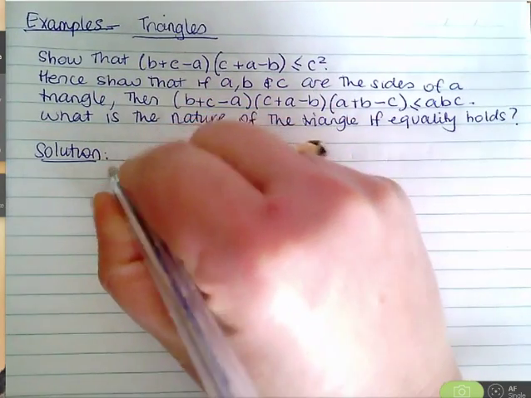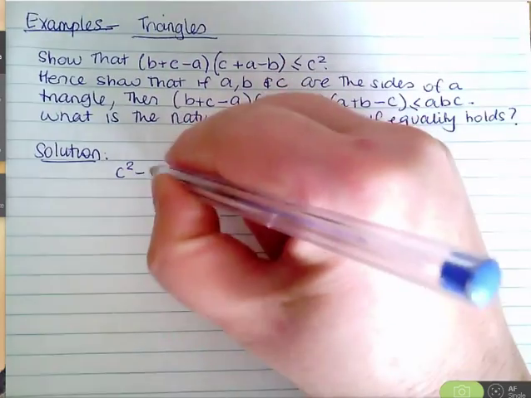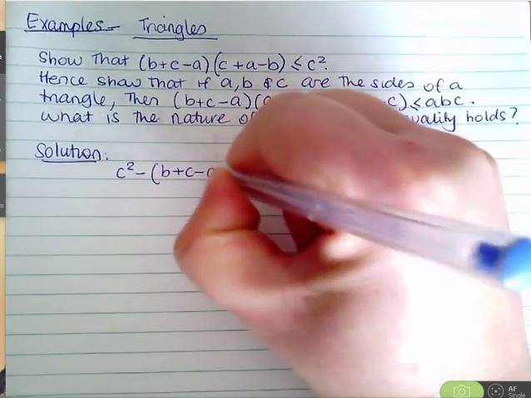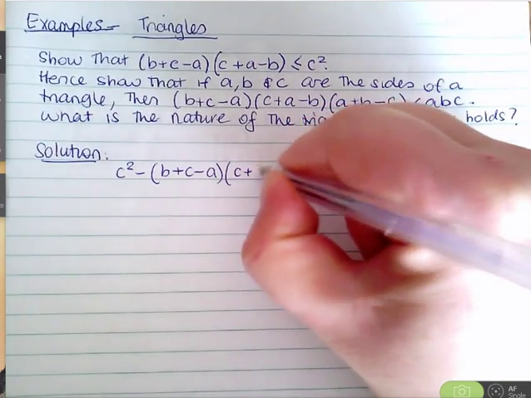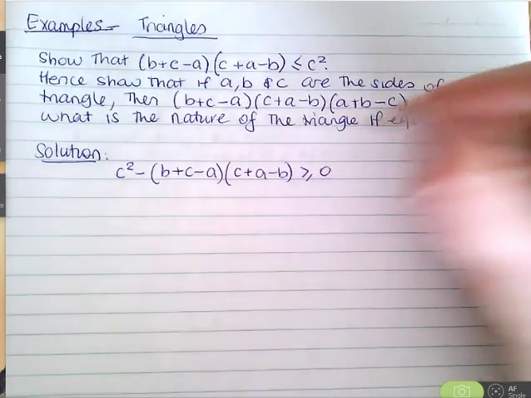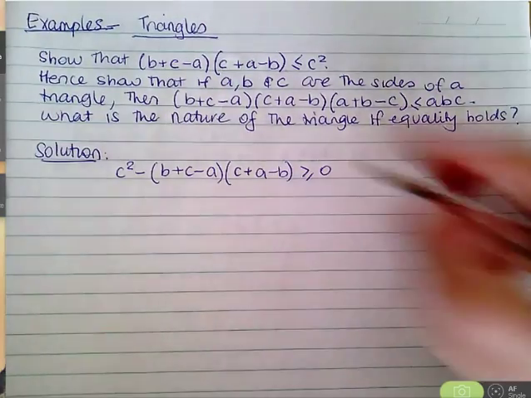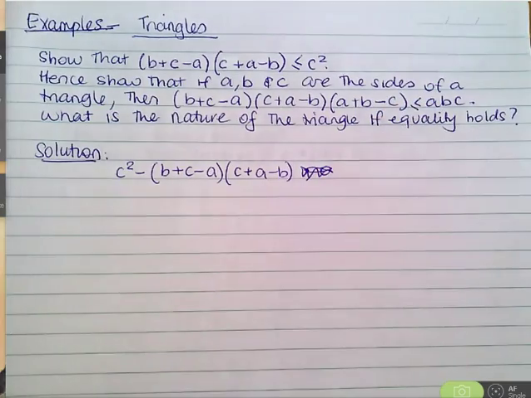So you can start with that. We can go c squared minus all of this, (b + c - a)(c + a - b). If we show that that is greater than or equal to 0, then that would be, I think, the best way to go.